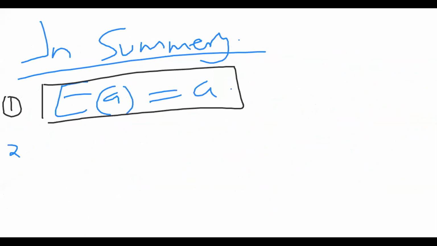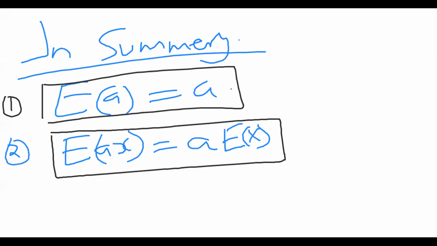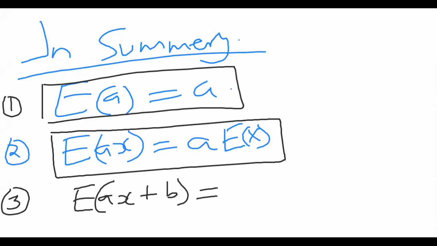Then number 2, the expectation of a constant times x will give the constant times the expectation of x. That is another rule. And then finally, number 3, the expectation of a function ax plus b, where a and b are constants, is the same as a times the expectation of x plus another constant b.